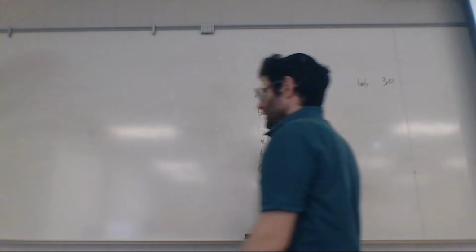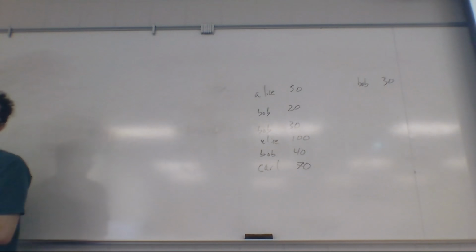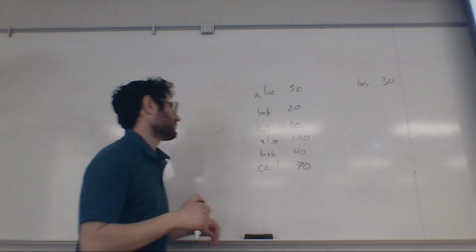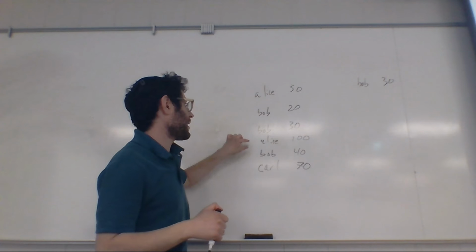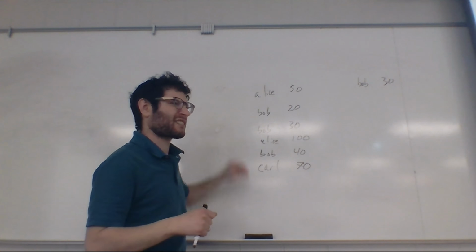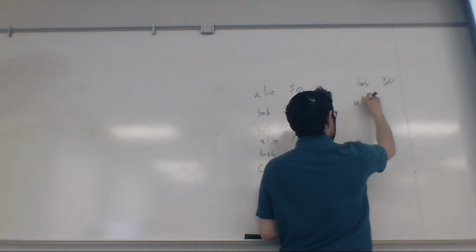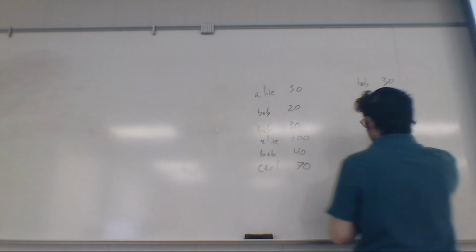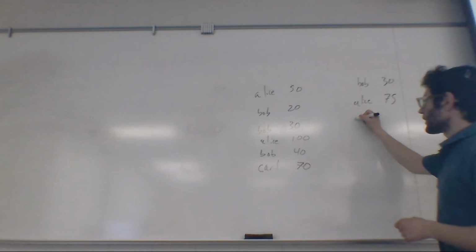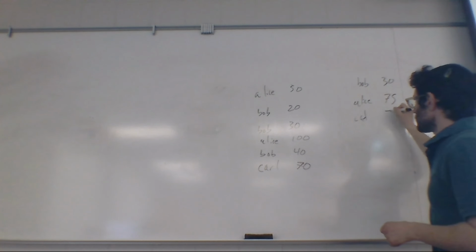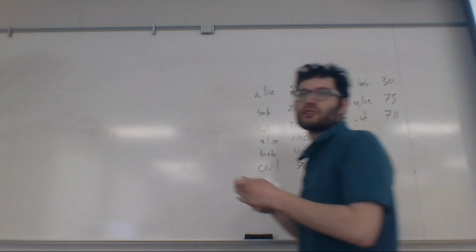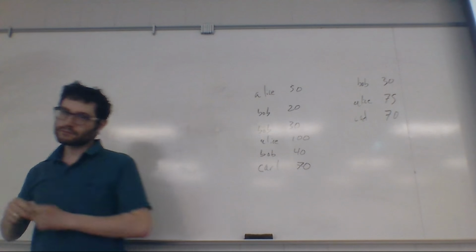When you've got 3 numbers that are spaced evenly apart and you ask for the average, it's the middle number. Alice logged in twice for 50 seconds and 100 seconds, so that's 150 divided by 2, so Alice was there for 75 seconds on average, and Carl has only 1 input, so we output 70 divided by 1, which is 70. So that's our output.